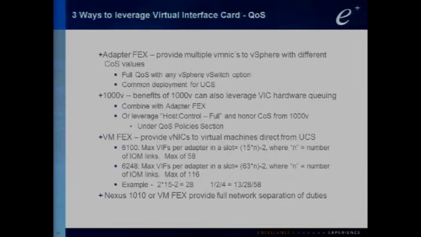You can also leverage the virtual interface card with the 1000V and leverage the host control. So when you're in the UCS configuration on the VIC card, there's a button a lot of people don't really know what it does. It says enable host control. What you're doing there is saying let Palo, that VIC card, have the buffers, but honor whatever is configured in 1000V. So 1000V can do QoS, and Palo is going to honor the CoS tags that are coming in from 1000V.